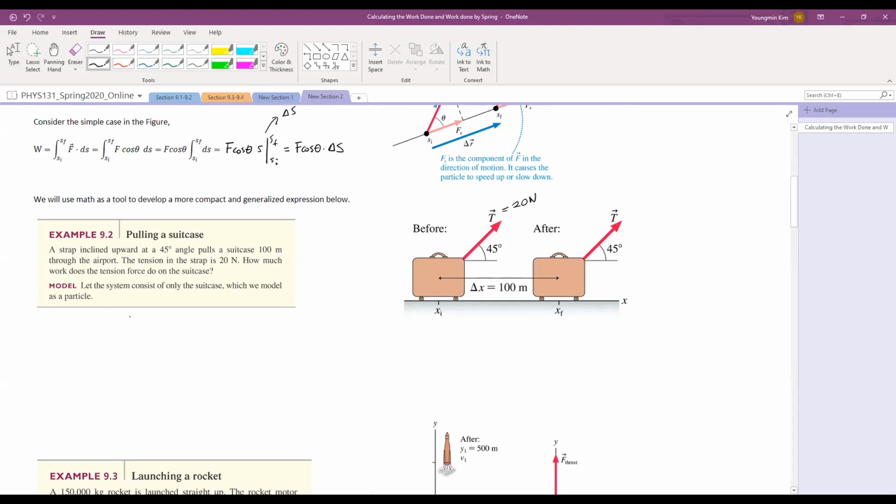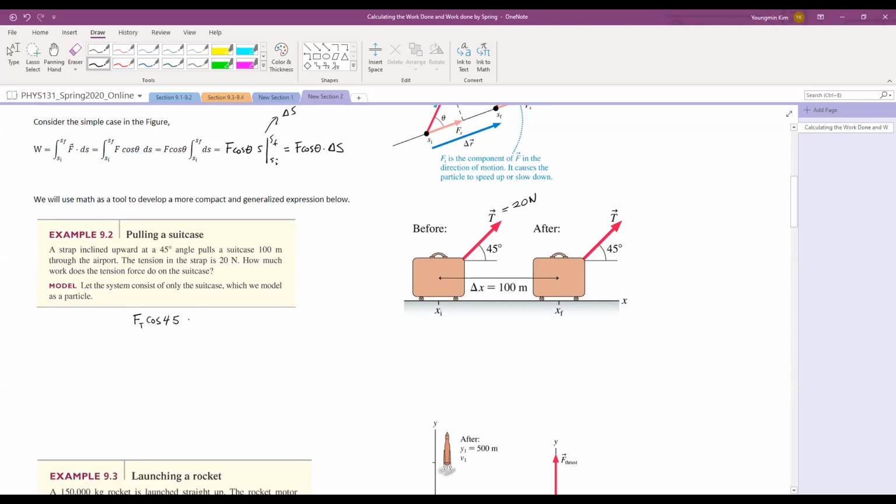So the force that is going to be pulling the suitcase horizontally would be the force of the tension cosine 45, because that's the angle off of the x-axis, so that is the x component of this tension.